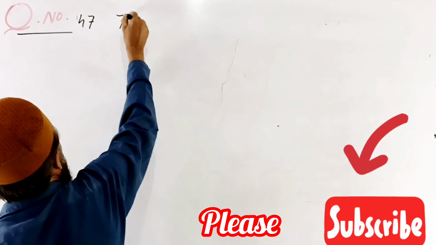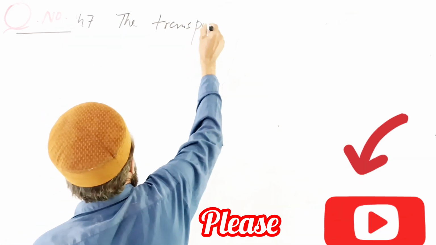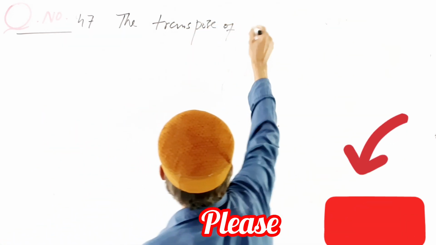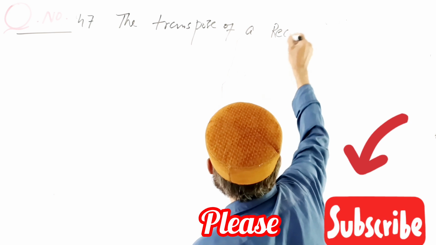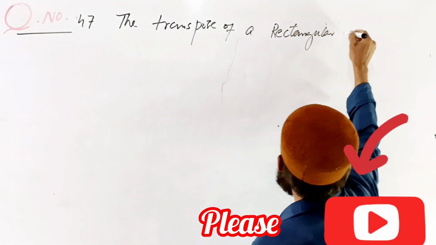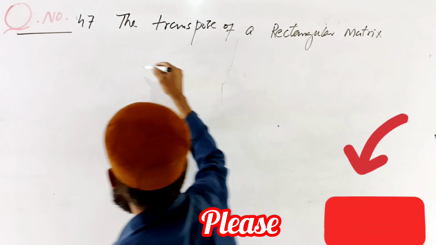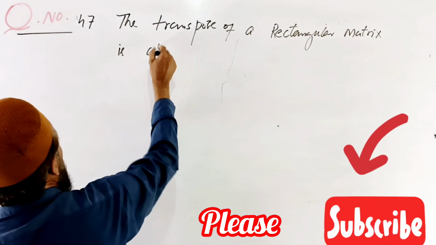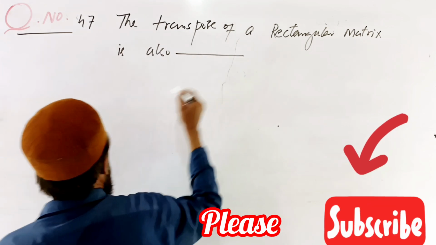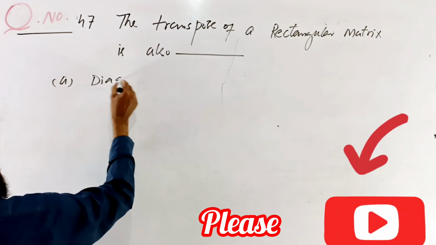The transpose of a rectangular matrix is also a dash diagonal matrix.